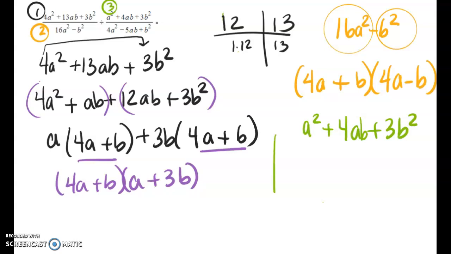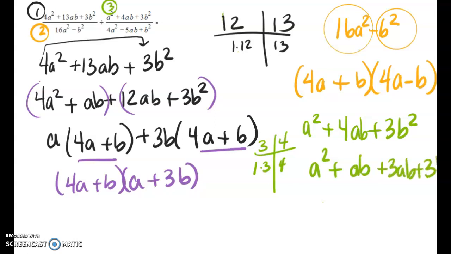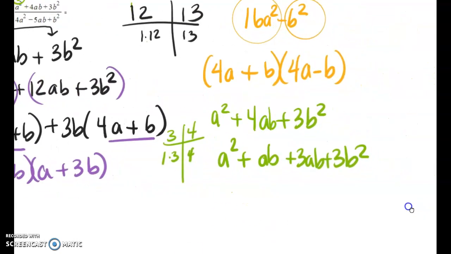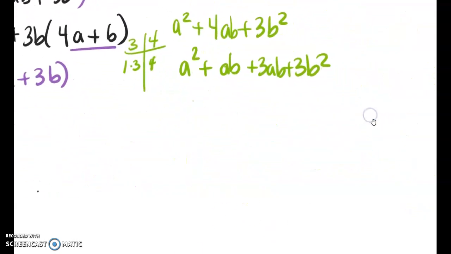So I want to look for factors of the last term coefficient that sum to 4, and those factors are 1 times 3. So a squared plus ab, so the 1 first, and then plus 3ab plus 3b squared. So all I've done is I separated the middle term into 2 pieces.